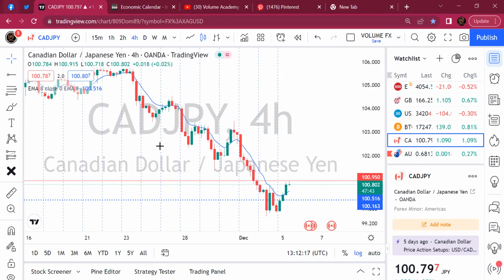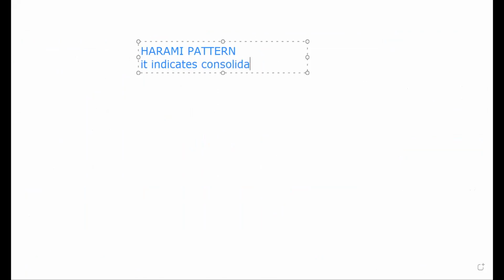Let me share a new screen. So we'll be talking about the Harami pattern. The Harami pattern usually indicates consolidation.